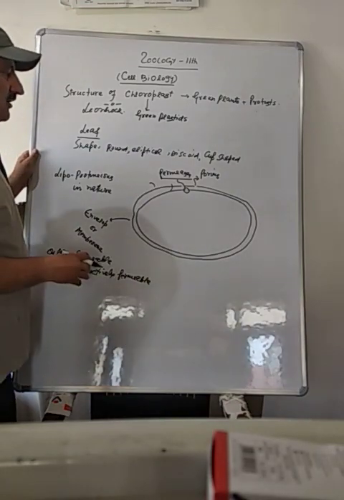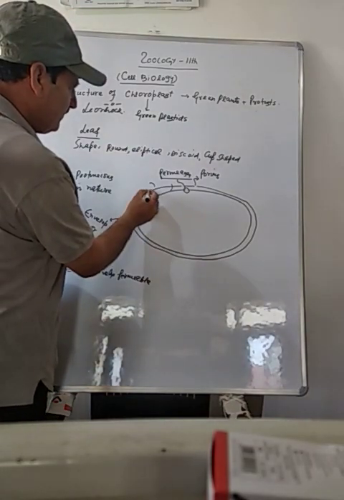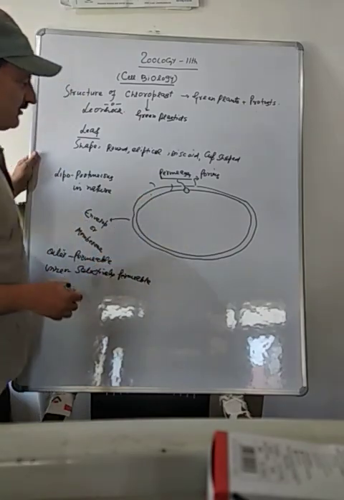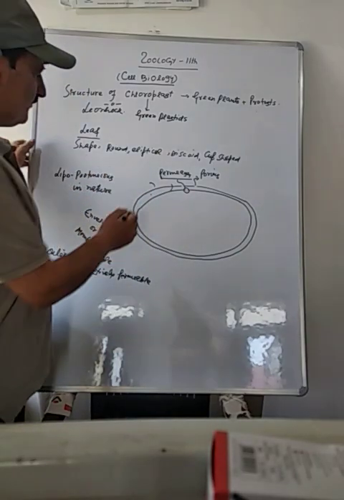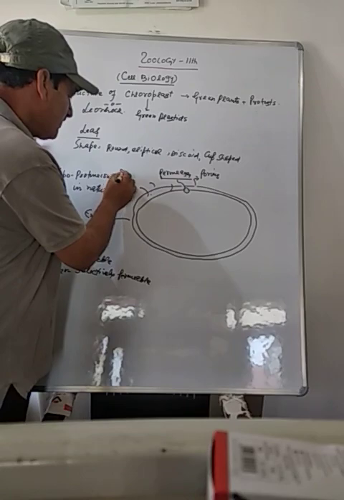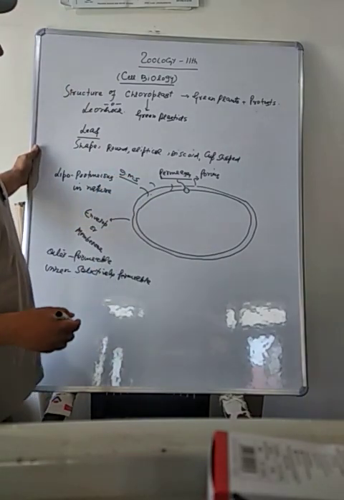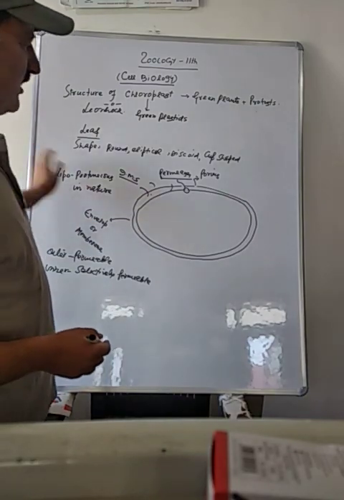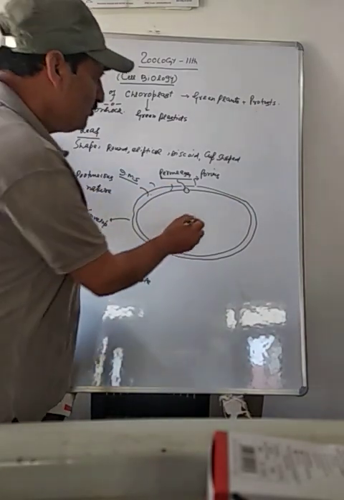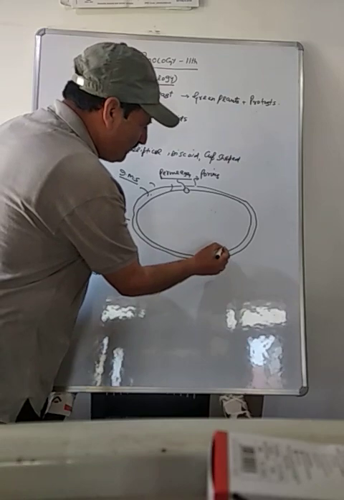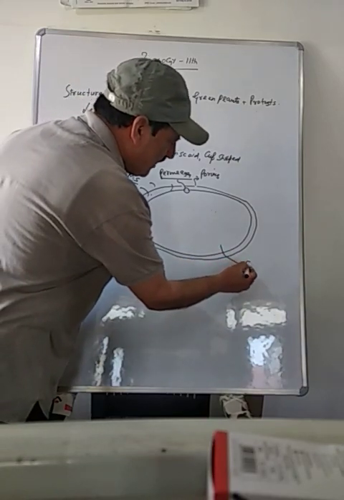Now, the two membranes have a space called intermembrane space. This is the intermembrane space, which I have written in short as IMS. Now, inside you will see a colorless fluid, which is called stroma.